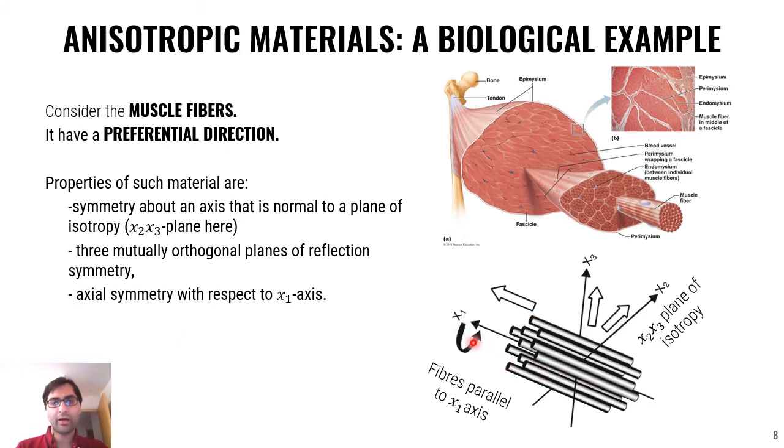So it doesn't matter how much you rotate a frame, the property of the material doesn't change. We call this material transverse isotropic material. Okay, let's see how we can handle these properties.